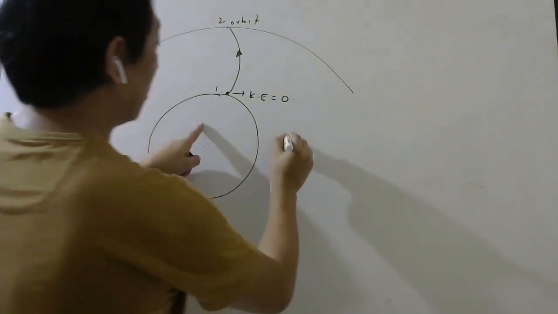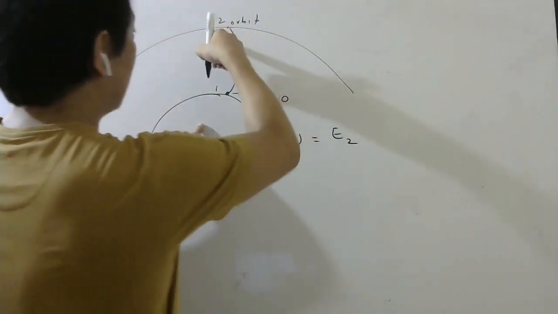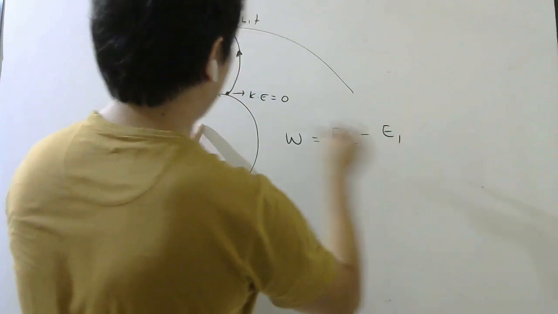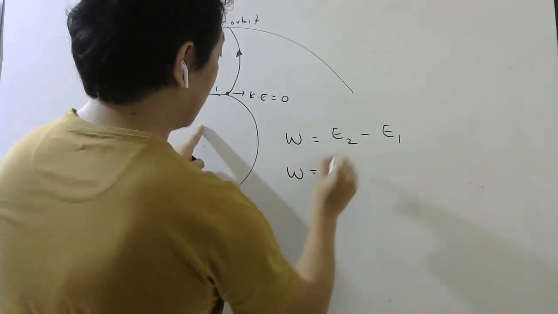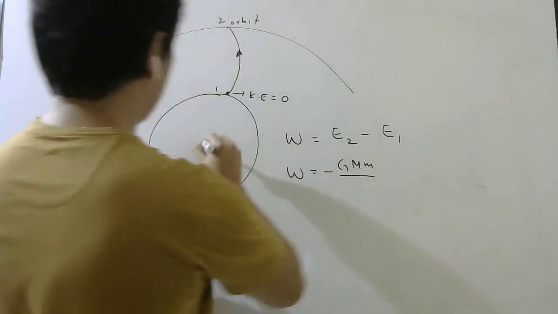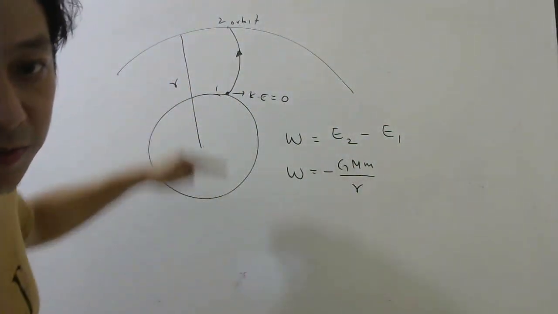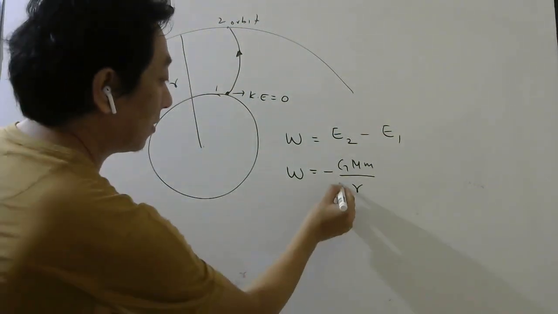So here the work required in that case will be energy of this orbit minus energy at this location. And this will be minus GMm by 2r, given in terms of radius of the Earth, remember.